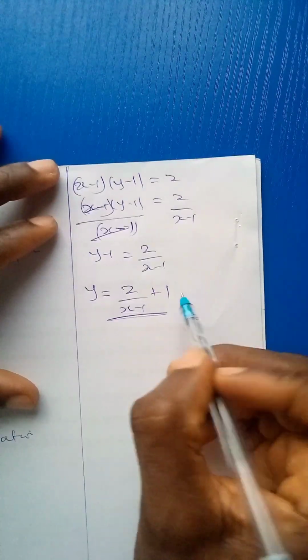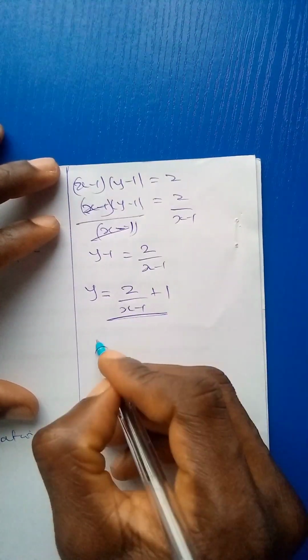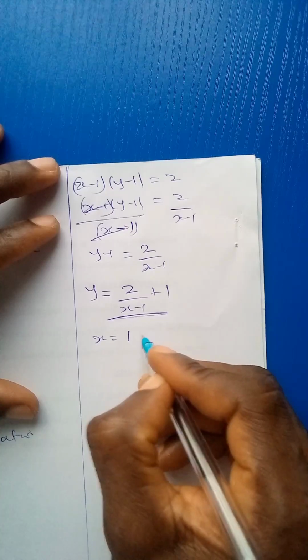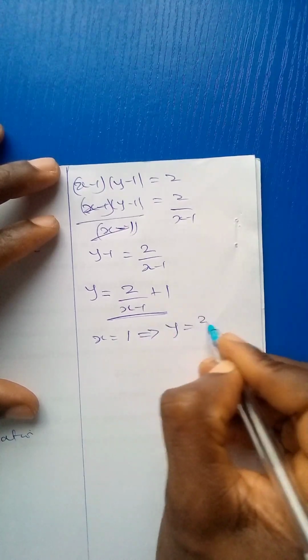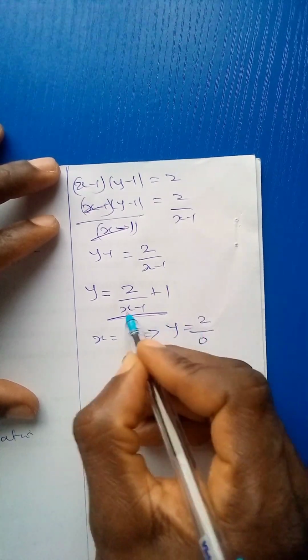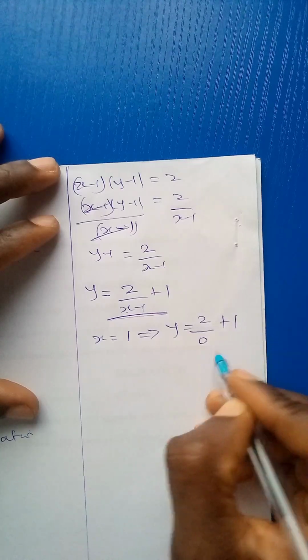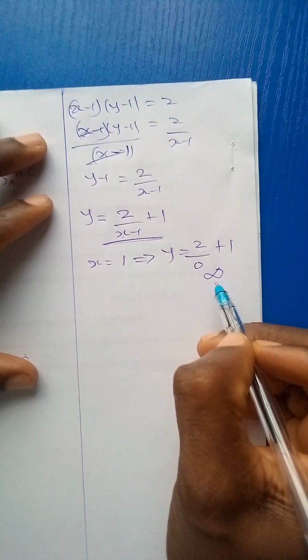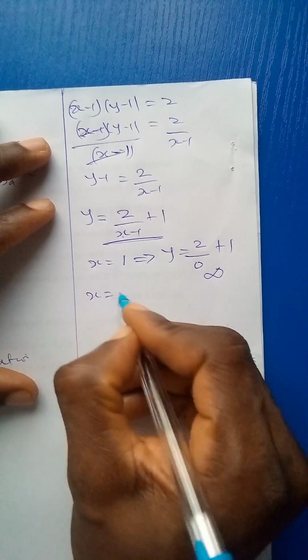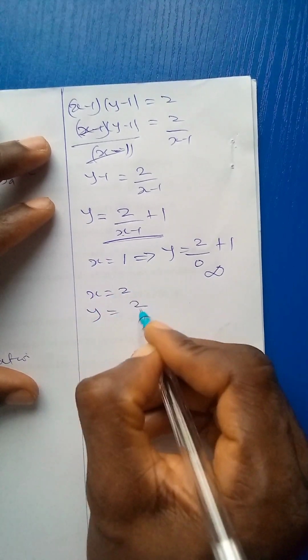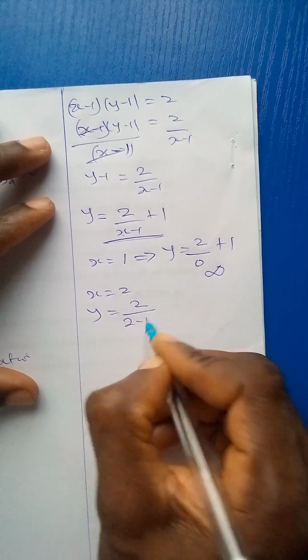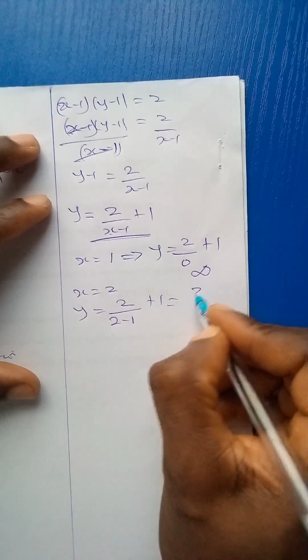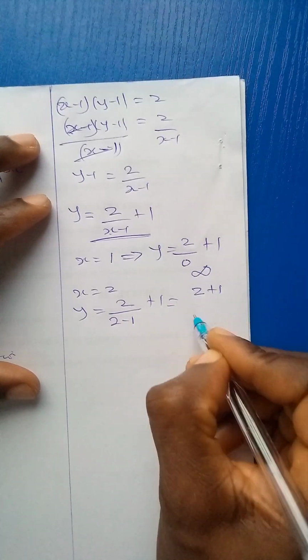This becomes the result. If x is equal to 1, that means that y is equal to 2 over 0 because 1 minus 1 is 0, plus 1. This is undefined, and undefined is not a number. But if x is equal to 2, then y is equal to 2 all over 2 minus 1, plus 1, which is 2 plus 1, giving us 3.